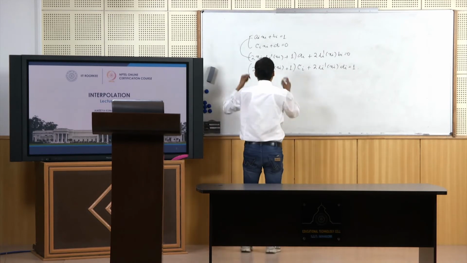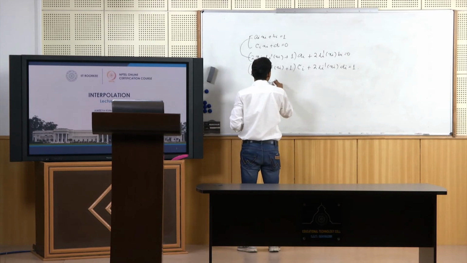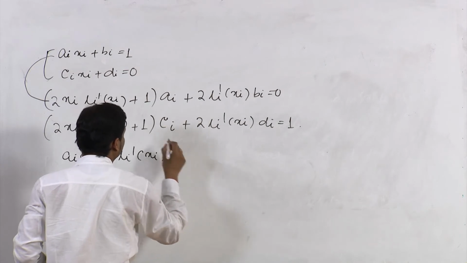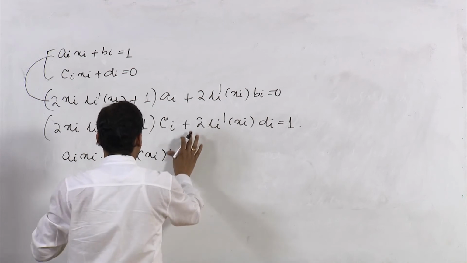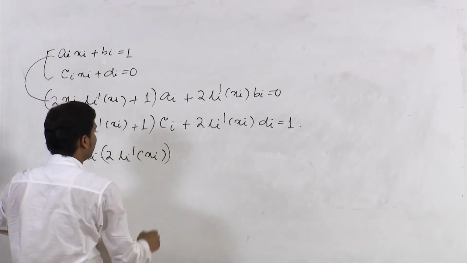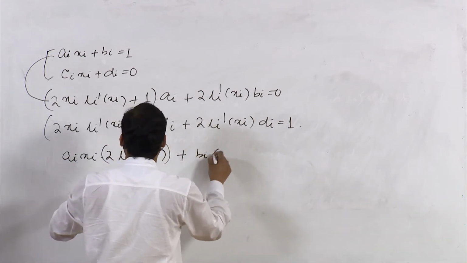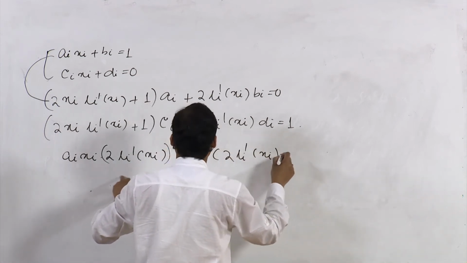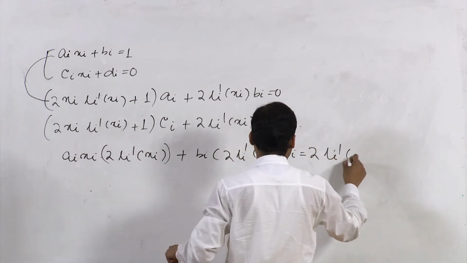So we multiply ai xi into 2 li dash of xi plus bi into 2 li dash of xi, this equals 2 li dash of xi.